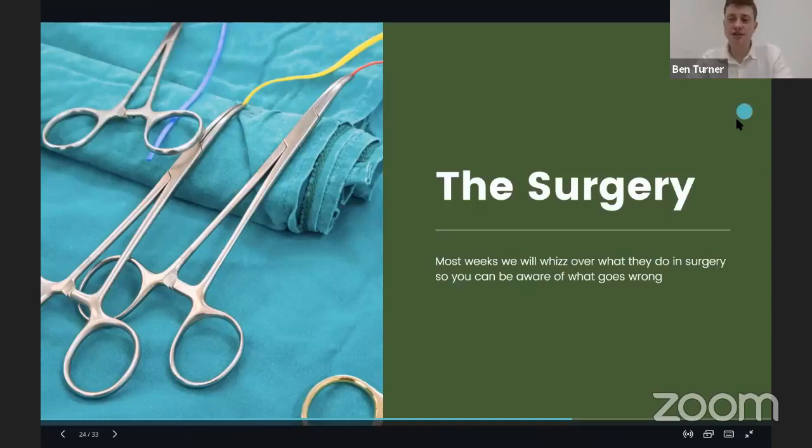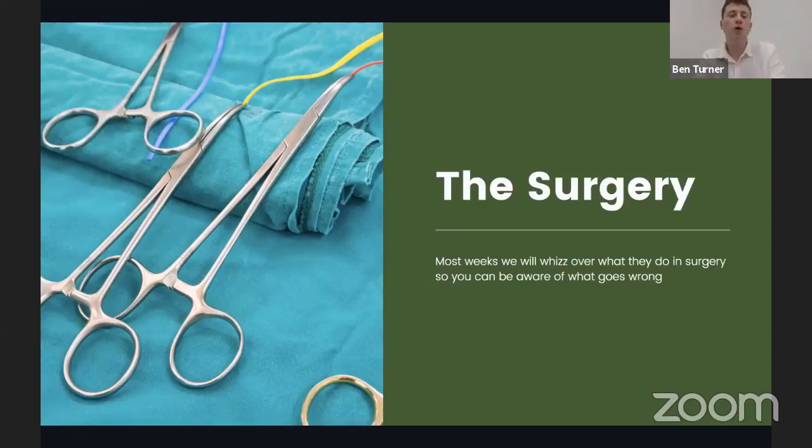So just briefly, most weeks we will talk a tiny little bit about the surgery that the consultant's going to be doing for the pathology we're learning about that week. It's not going to be boring detail about this, that, and the other. It's just going to be the main stuff and the headlines to take away, like, what happens if the surgeon accidentally nicks this or nicks that, or why might this patient have that complication after surgery?